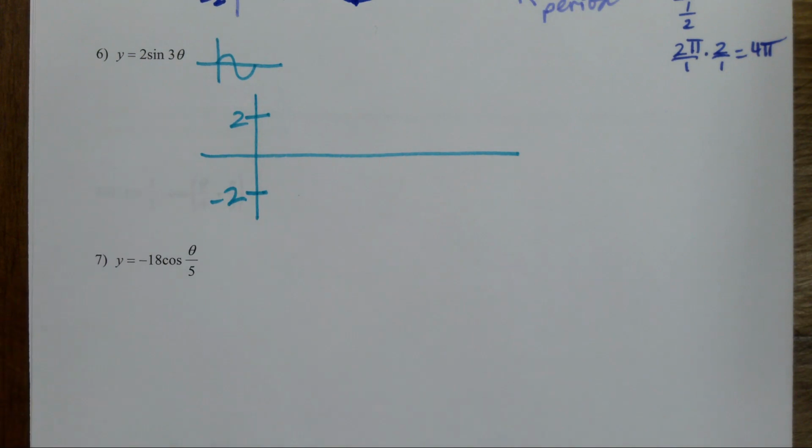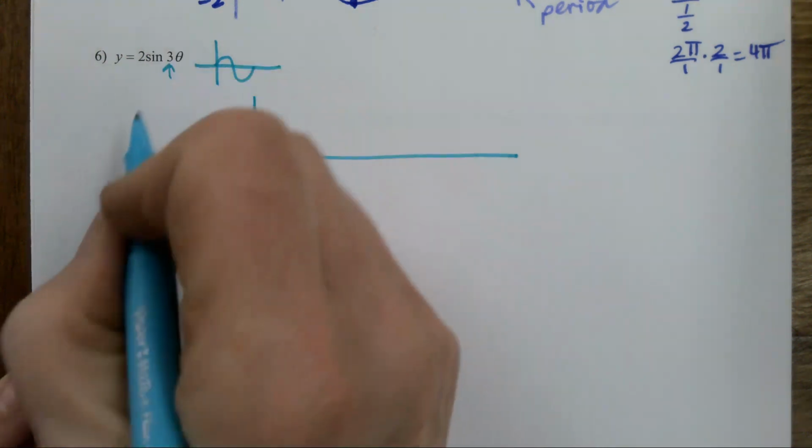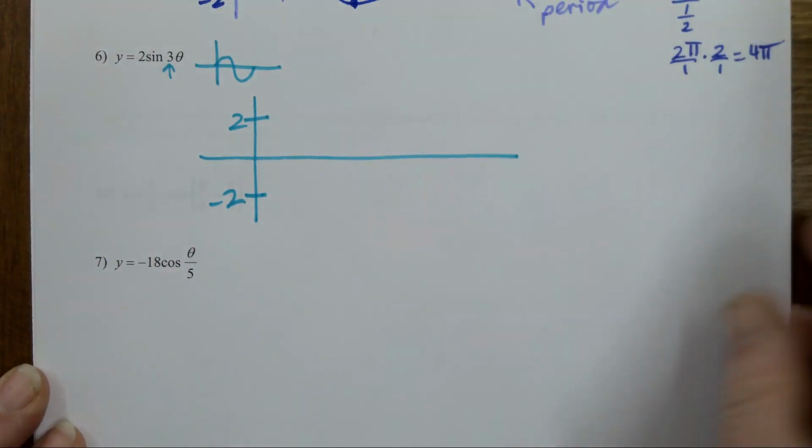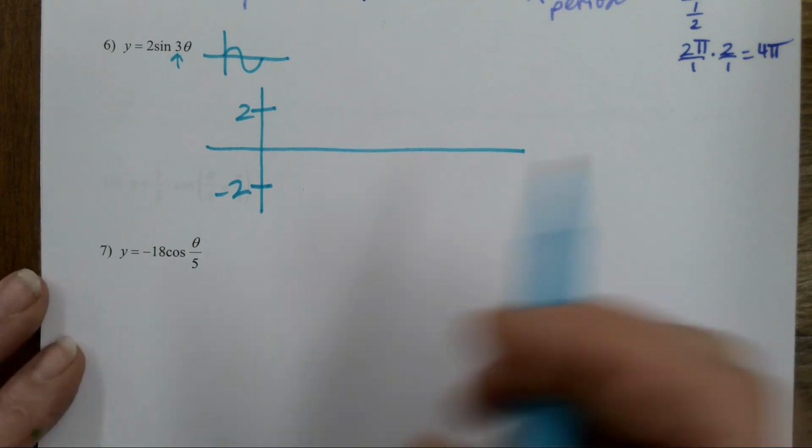This 3 here tells me that I can fit 3 sine graphs in 2 pi, but I only want 1. That's a little bit harder to visualize than a 1/2 or 2. So I'll go through that little thing we talked about over here, and I'll take 2 pi over B to figure out what my value is.